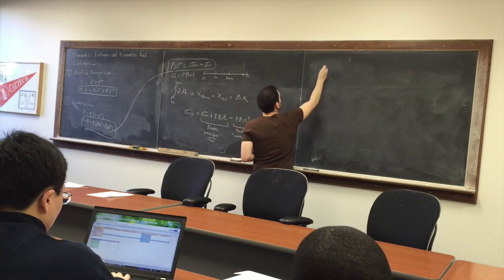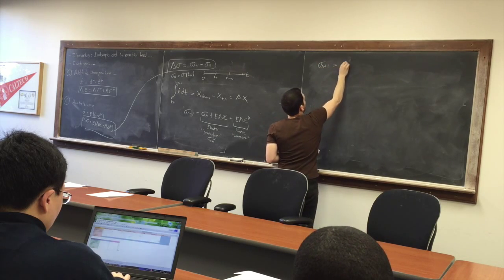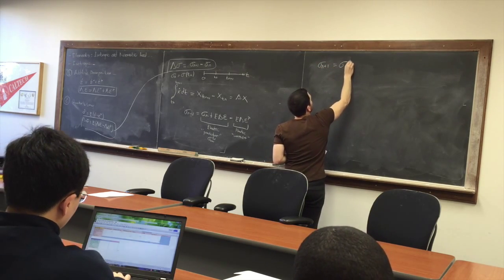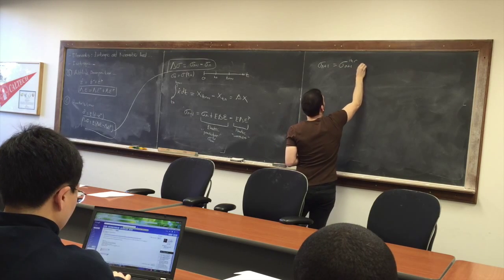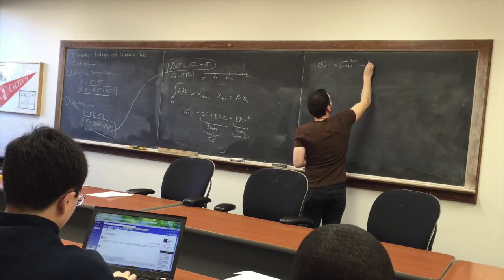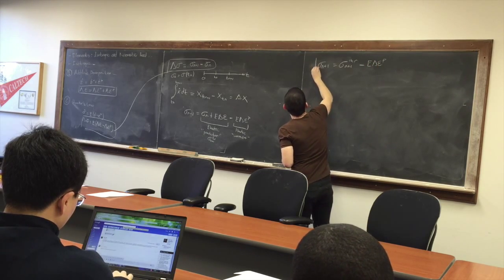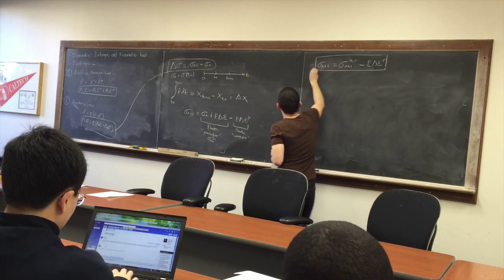So Hooke's law can be written like sigma n plus 1 is equal to sigma n plus 1 trial minus plastic corrector. And this is the discrete form.